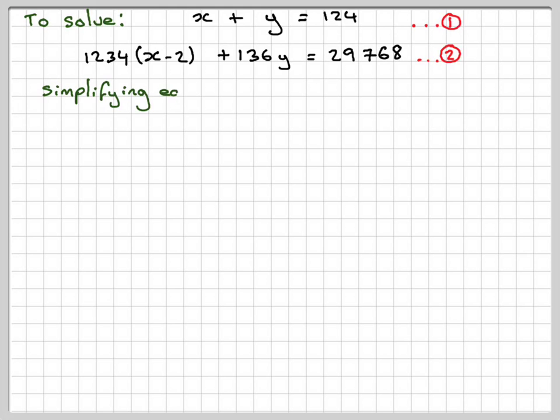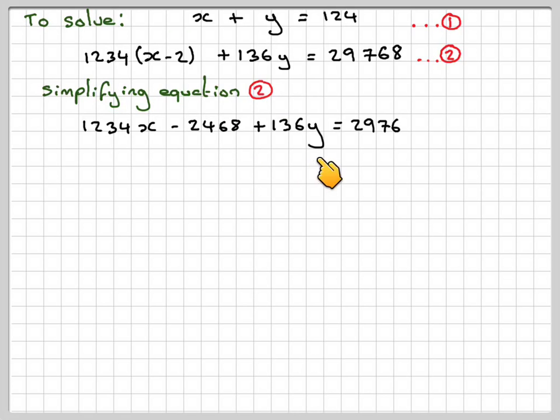So simplifying equation 2, I'm going to expand the bracket here. We get 1,234x, and then 1,234 times minus 2 gives me minus 2,468. Plus 136y is equal to 29,768.